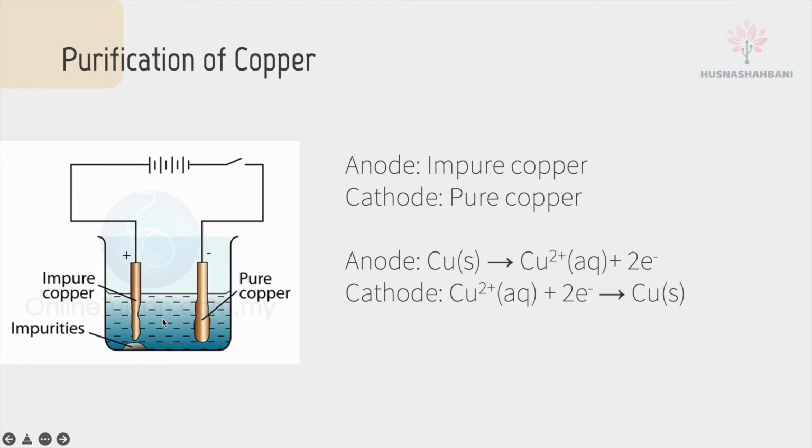That Cu2+ product will gain electrons at the cathode and become Cu solid. So you will collect pure copper at the cathode and the impurities will be left under the anode. So at the cathode, only pure copper. This is the purification of copper.